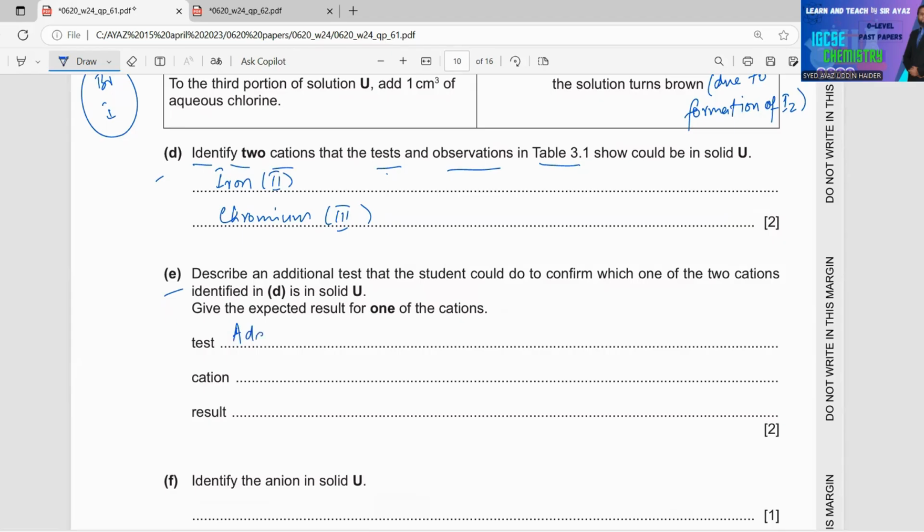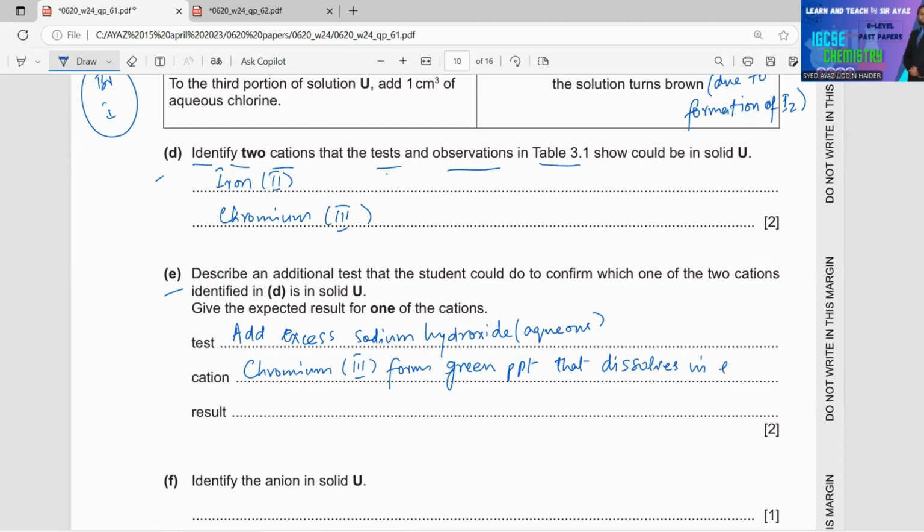The test must be: add excess sodium hydroxide. As you are having solutions, no need to write aqueous here. Water is already there. If you want, you can write aqueous here. Now for the cations, you have to mention one of these, that is chromium 3 ions form green precipitate that dissolves in excess.